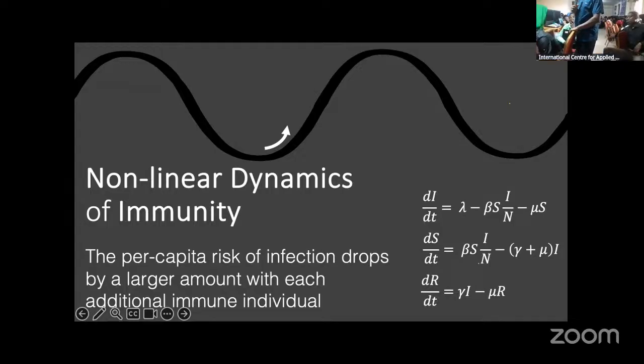Then the second question has to do with the paradox that was discussed, where we have a situation where the cases rise above the situation of no vaccine. I was thinking of what could have caused that.